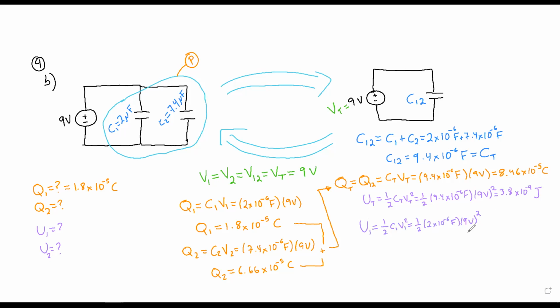We've calculated the total energy; now we're calculating the individual ones. And then U2 is going to be 1/2 of C2 V2 squared. It's going to be 1/2 of 7.4 times 10 to the minus 6 farads times 9 volts squared.